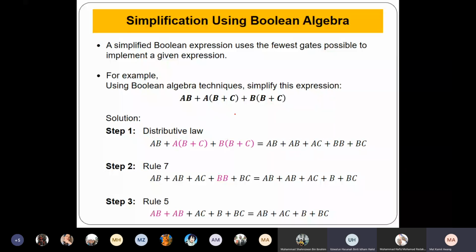So the first one, here you use the distributive law.